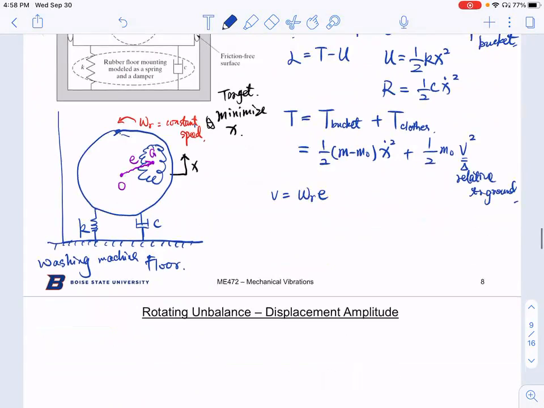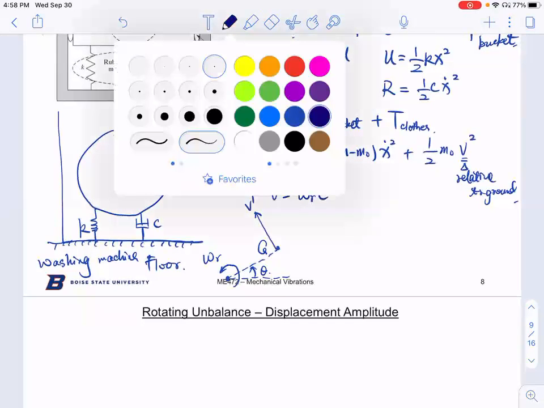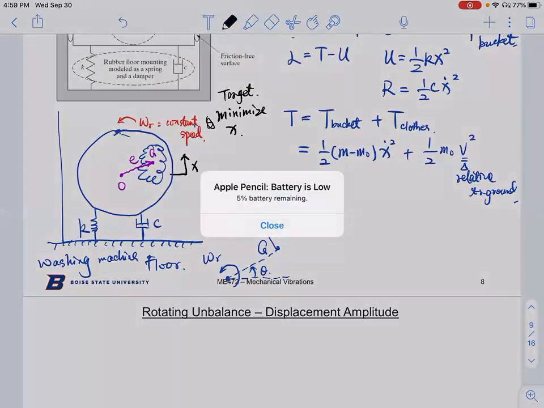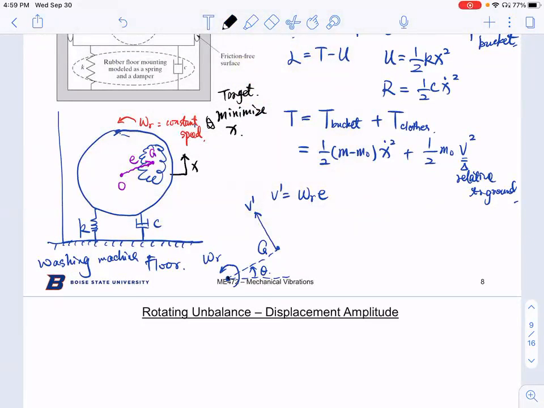So let me look at the velocity at point G. Let's assume this is your theta angle, and we know that the rotating speed is omega r. According to what you learned in kinematics or dynamics, the velocity due to rotation, let's call it v prime. But remember that the center point here has a velocity x dot, right?